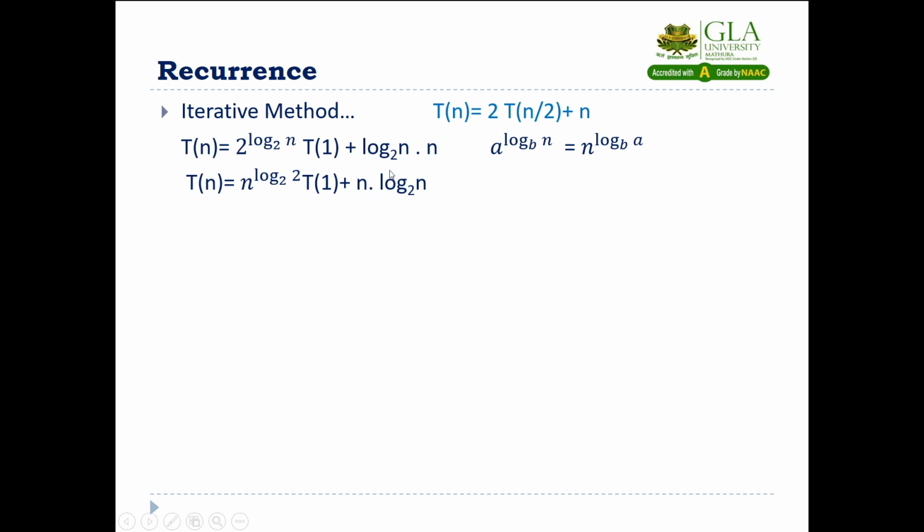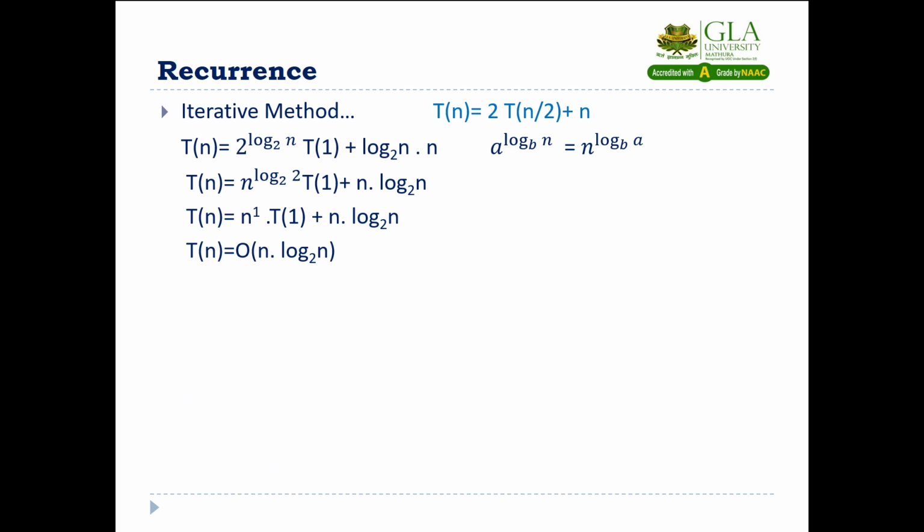And already we are having log n to the base 2 dot n, so we can represent it n dot log n to the base 2. So here this can be represented Tn equal to n to power 1 dot T1 plus n log n. So this is the highest term in our computation. So we can represent the complexity of the recurrence will be order of n log n.